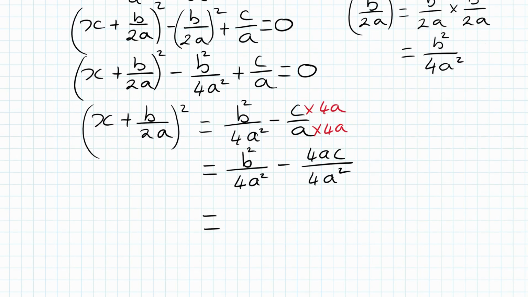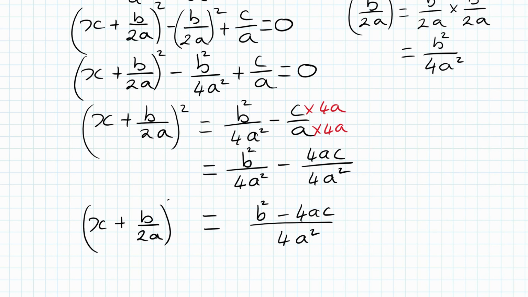Because the common denominator is the same, I can write all in one term. So that is b squared minus 4ac over 4a squared, so over 2a all squared.